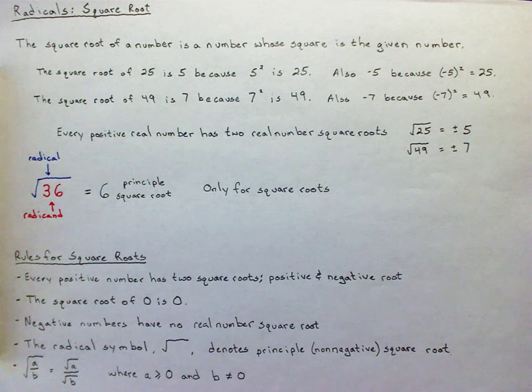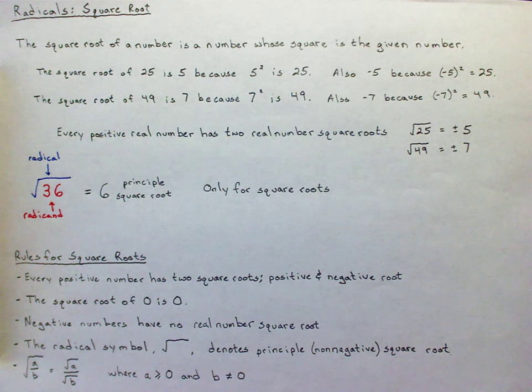The square root of 25 is 5 because 5 squared is 25. That can also be looked at as being a negative 5, because a negative 5 squared is 25.